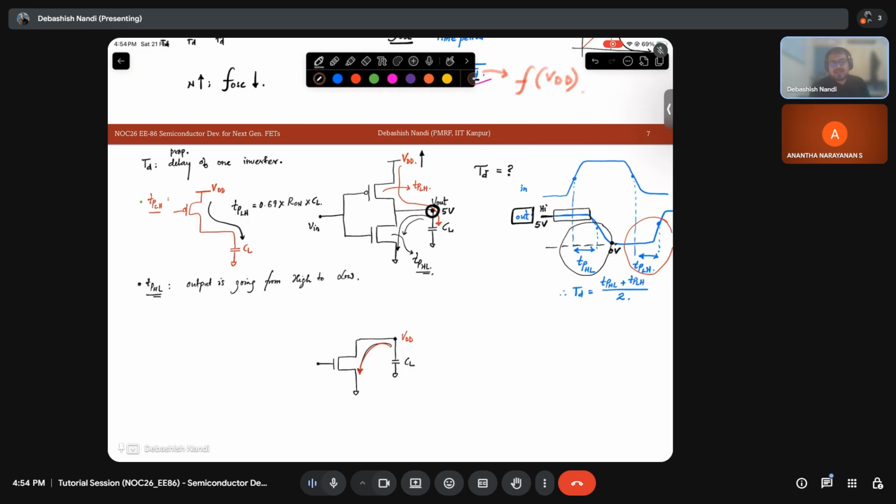Just by looking at the circuit. Capacitor is like a bucket, and you want to fill it with water, with charge. So if my VDD increases, will it take less time or more time to charge this node voltage up to the VDD?